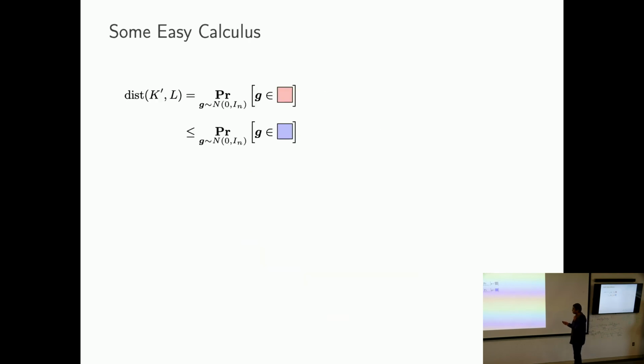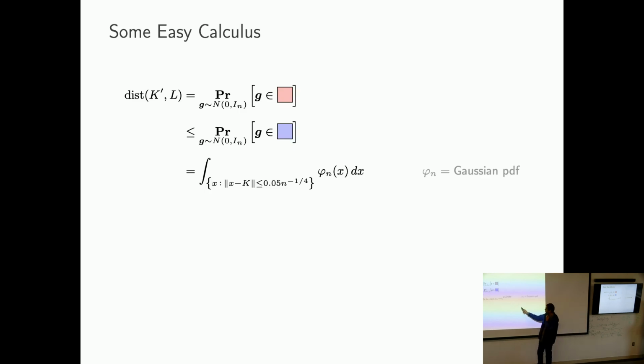And this is much easier to analyze in some sense. So I'm just going to rewrite this over here. What is this blue region? You're integrating the Gaussian density over it; the thing in these curly braces is precisely the blue region. It's the set of all points which are distance at most that much from K, okay?